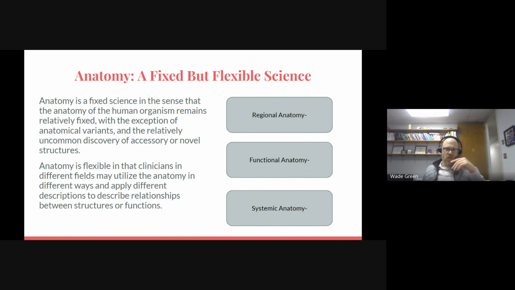So for example, if you've ever taken a cadaver anatomy course, or maybe an advanced anatomy class, maybe you looked at the organs of the chest wall, and you identified every organ inside of that area, independent of the system that it belonged to.